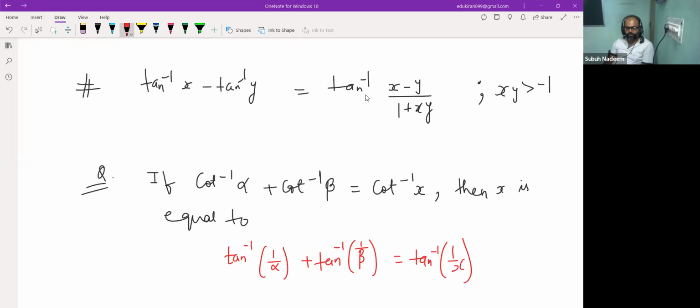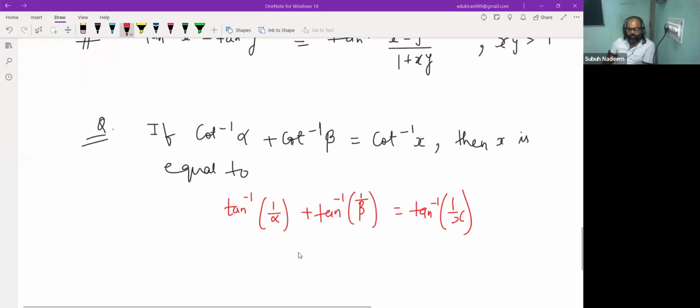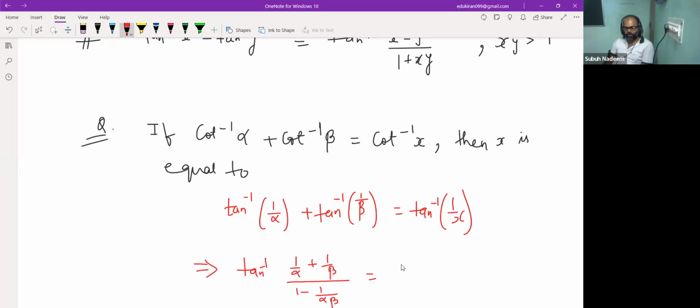Then you have to apply the formula which we just studied. What was the formula? Tan inverse of (x plus y) by (1 minus xy), where x is 1 by alpha, y is 1 by beta. So tan inverse of (1 by alpha plus 1 by beta) by (1 minus 1 by alpha into 1 by beta) is equal to tan inverse of 1 by x.